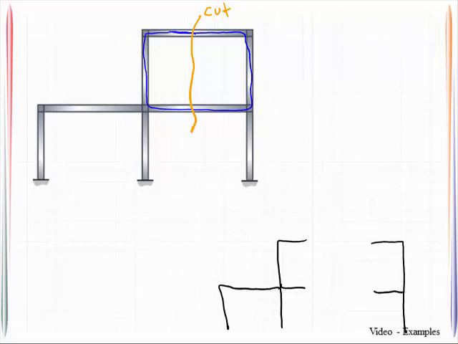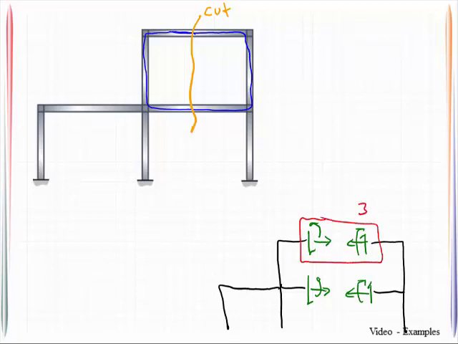Let's sketch what these internal forces look like here. So we have shear, axial, and moment at each of those cuts. In each of these locations where we made the cut, that constitutes 3 unknowns.